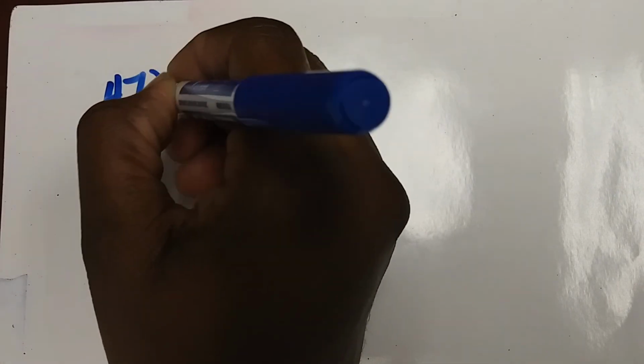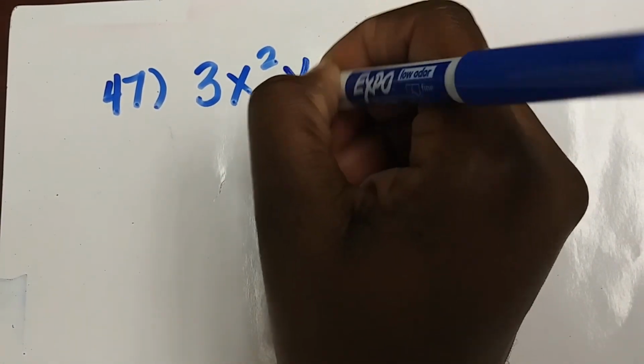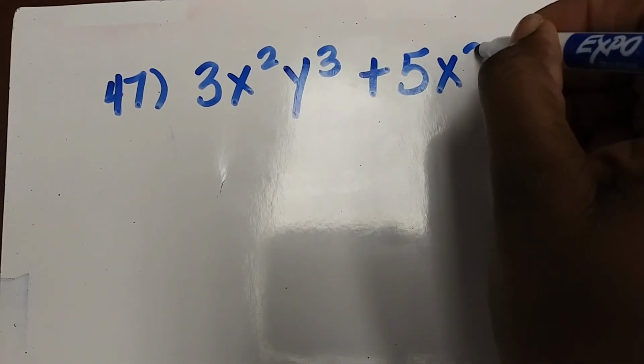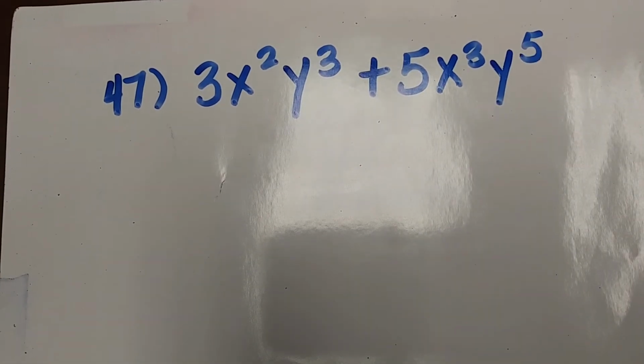Number 47, I have 3x squared y to the 3rd plus 5x to the 3rd y to the 5th. This one is very different. It goes back to what we read earlier, and I want to read that one more time. It says the degree of a monomial, but it can be any type of polynomial, with several variables is the sum of the exponents on those variables.